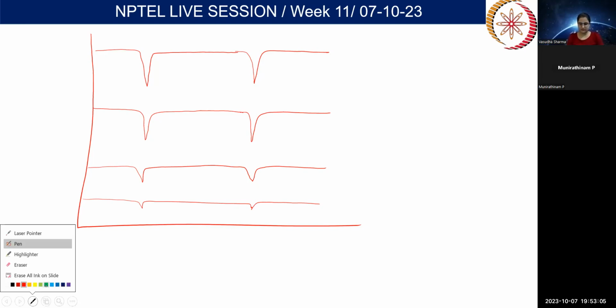Here we have a small doublet that also appears, and then it starts increasing.